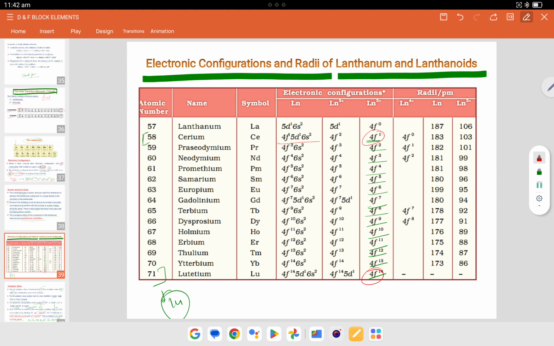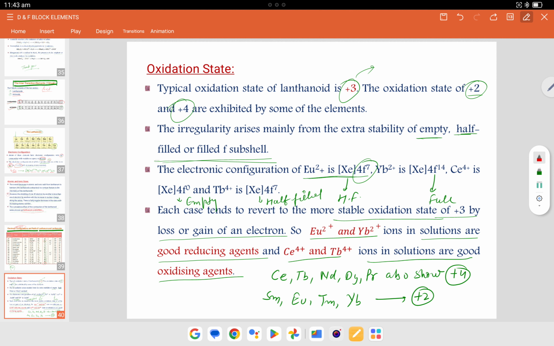That table is given in NCERT also. You can go through it once, but they never ask the electronic configuration, so no need to worry.